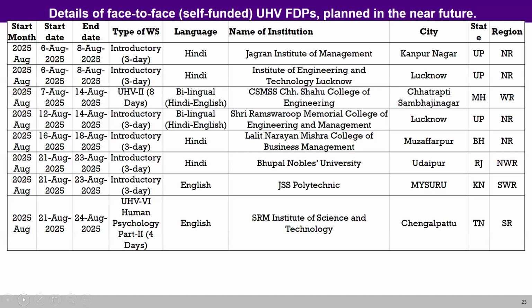From 21st August to 23rd August, an introductory 3-day FDP in English at JSSS Polytechnic, Mysuru, Karnataka. Again, from 21st August to 24th August, UHV-VI, Human Psychology Part 2 for 4 days is going to be conducted in English at SRM Institute of Science and Technology at Chengalpet, Tamil Nadu.